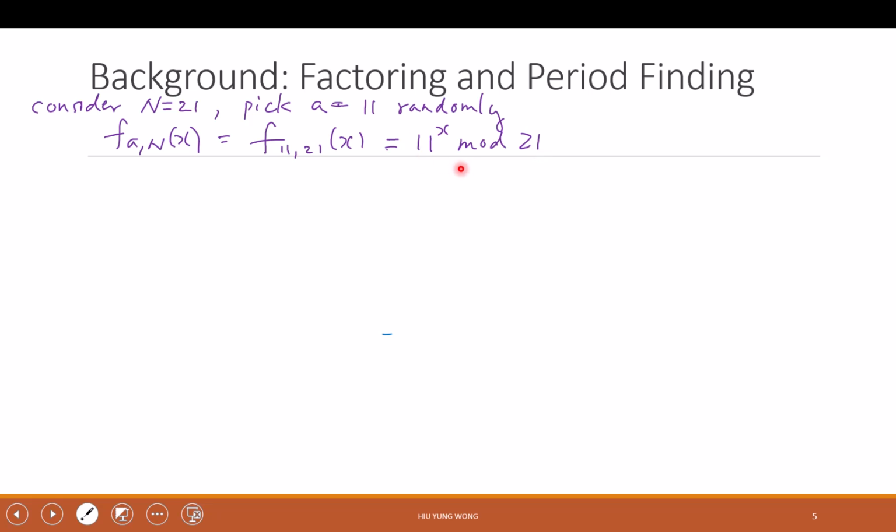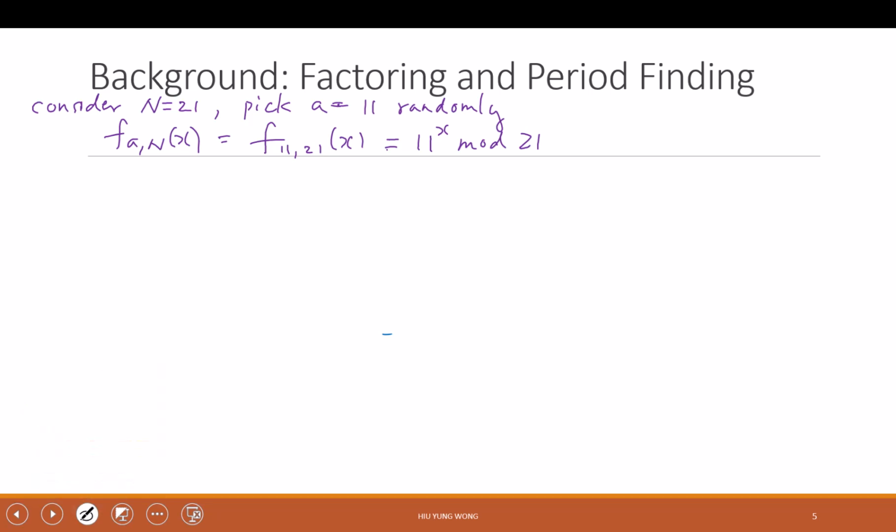So basically we want to try different x and find out what's the remainder when it's divided by 21. But our goal is to find out its period. Why it turned out to be a periodic function. If I know its period, then I can find out the prime factorization of 21 very fast.